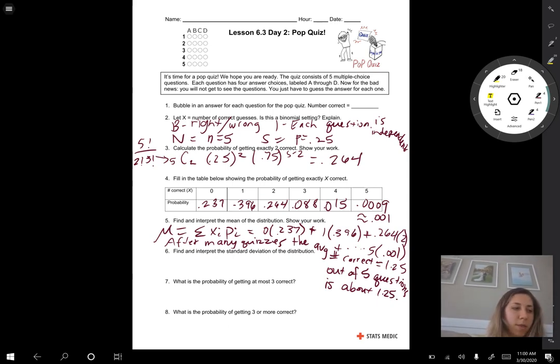If you remember that formula, that would be the square root of all your xi's minus the mean squared times their probabilities. And then you would sum those all up. That would get you 0.968.